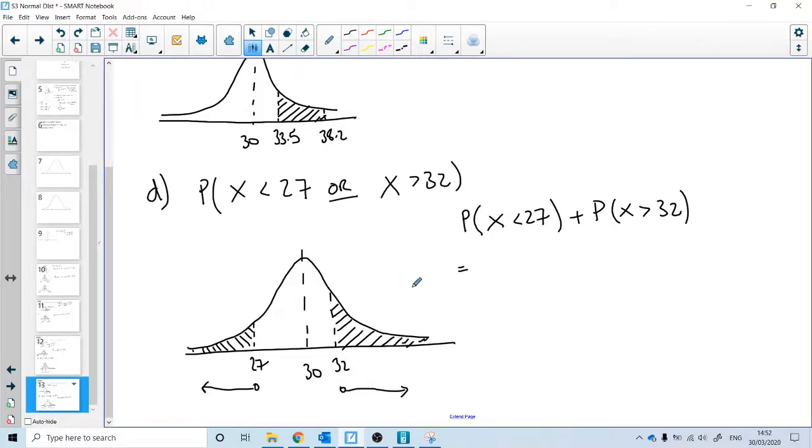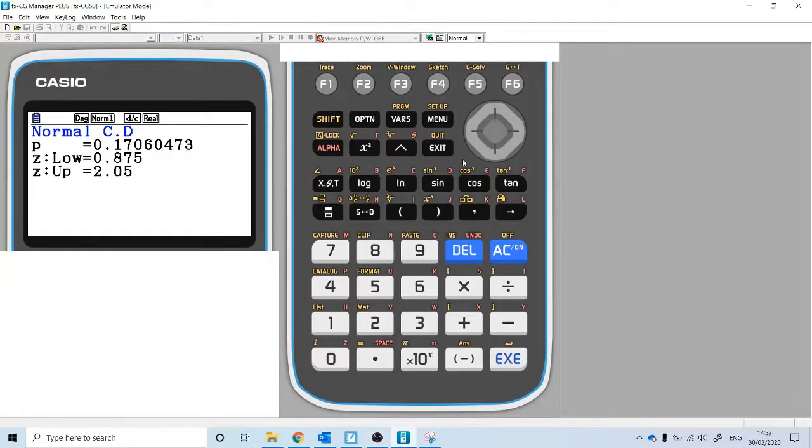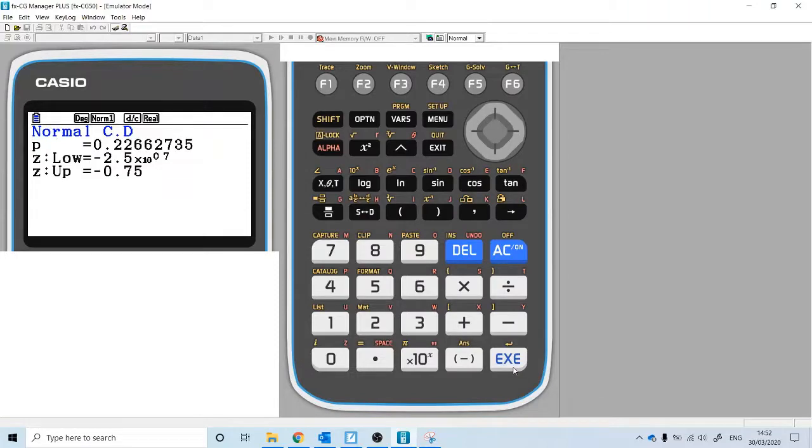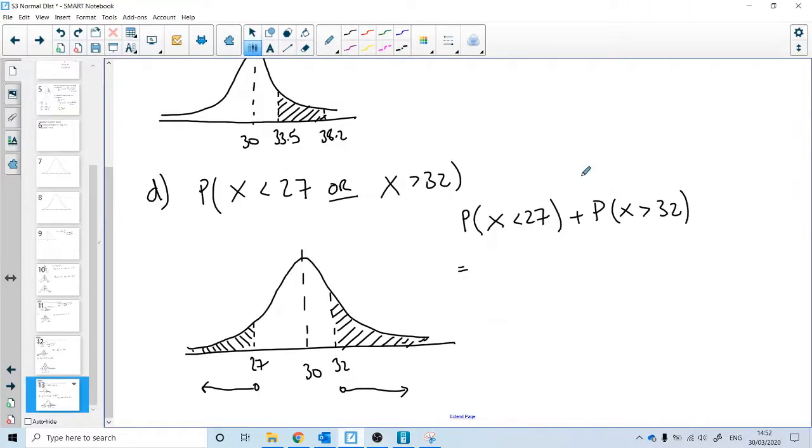So to get the probability of x being less than 27, we're going to put our upper as 27 and our lower as a very small number like minus 999, and we get 0.2266 dot dot dot. And we put our lower as a really small number there, minus 999, because we want to go all the way along as far as we can.